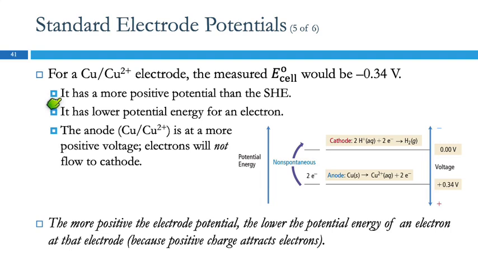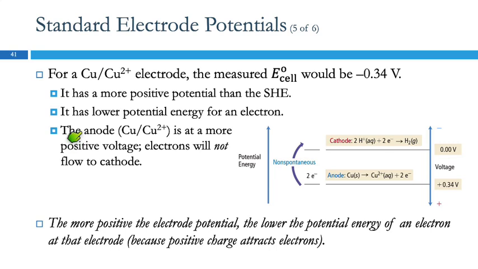So this has a more positive potential than the standard hydrogen electrode, which means it has a lower potential energy for the electrons. So things are going to go from high potential energy, more negative, to low potential energy, more positive, because the thing that's moving is a negatively charged electron. So the electron wants to go away from the negative and towards the positive.